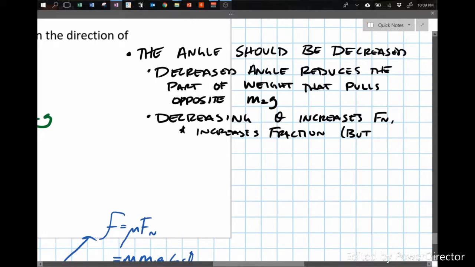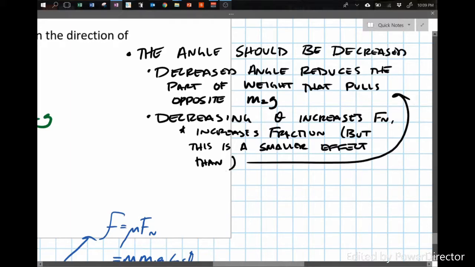But because mu is a smaller number, this is a smaller effect than what happens up here. That's why we should decrease the angle.